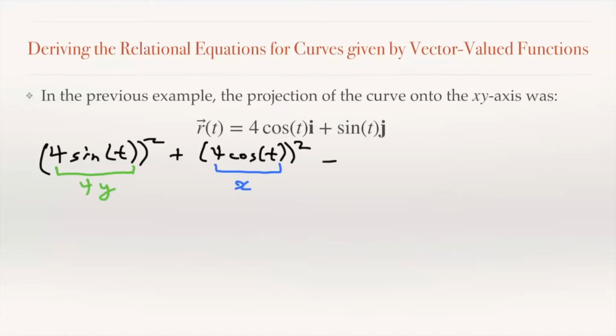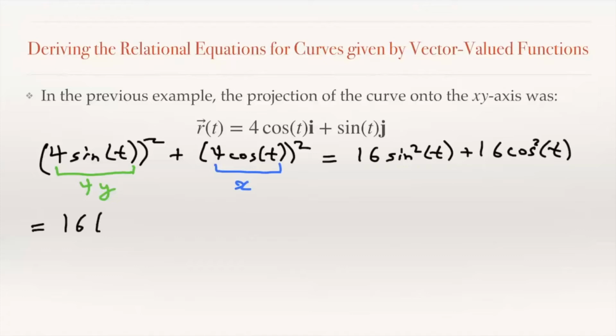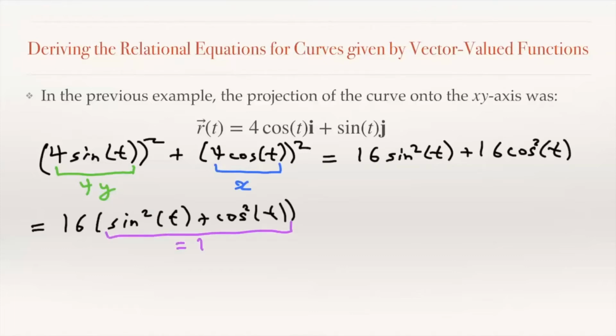Okay, well, now that they have the same coefficients, we can utilize the Pythagorean trig identity. So this is the same as 16 sine squared t plus 16 cosine squared t. And that is factoring out the 16, sine squared t plus cosine squared t. And sine squared plus cosine squared equals 1.